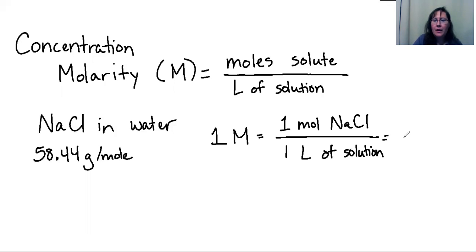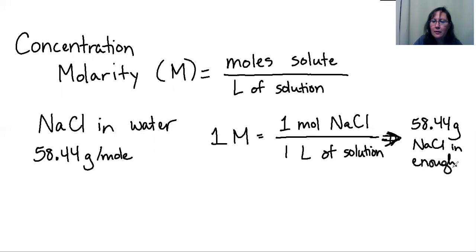So what we could also find for this would be 58.44 grams of NaCl in enough water to make 1 liter.